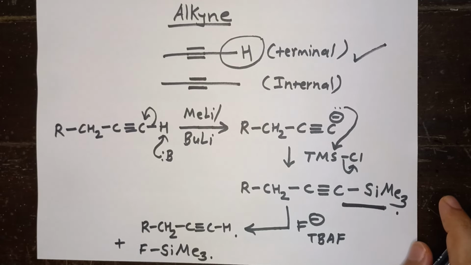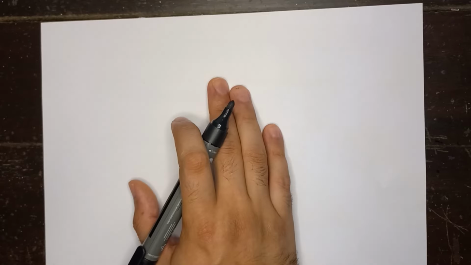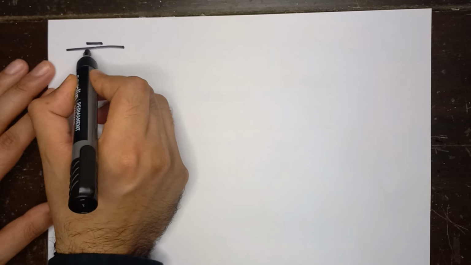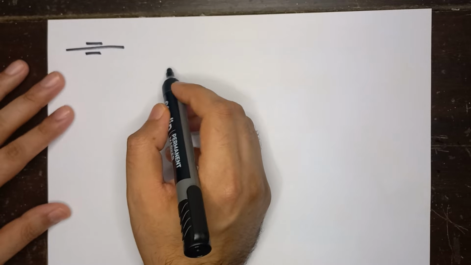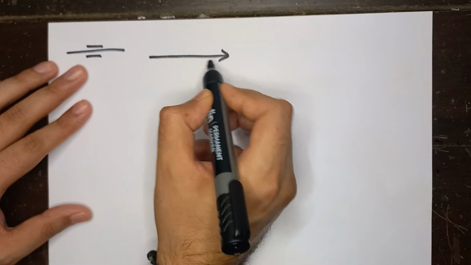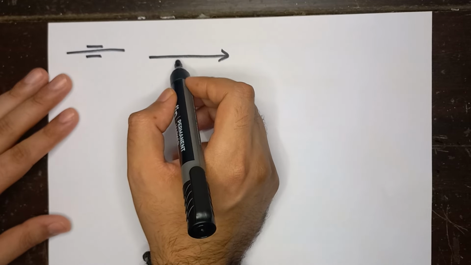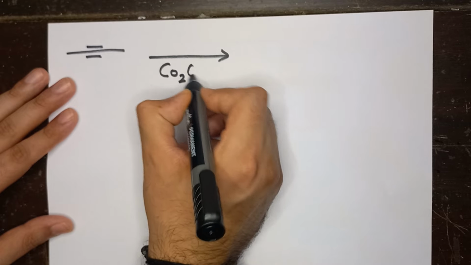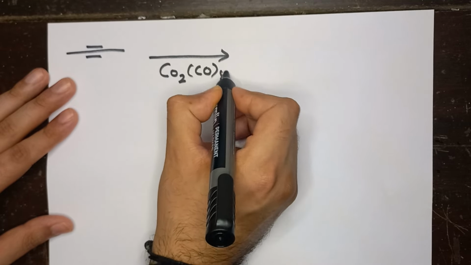Now let's talk about the internal alkynes. Okay, suppose I have an internal alkyne, this particular alkyne. So to protect this one, you have to use an inorganic complex of cobalt, that is Co2(CO)8.